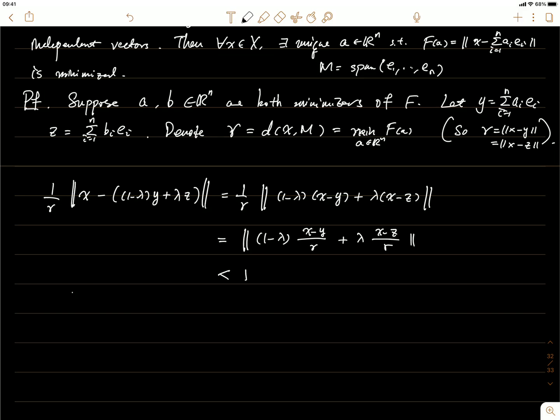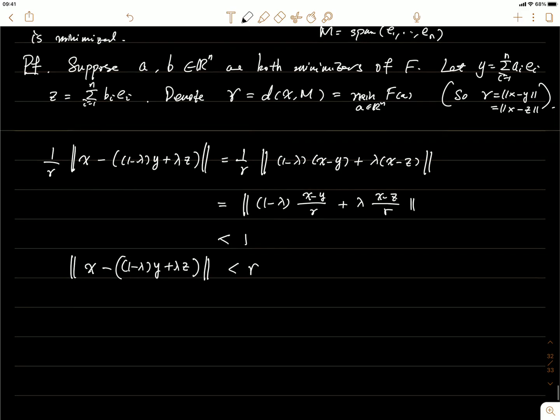So this being less than 1 means that with lambda, I can multiply r on both sides and I get this. From here I get a contradiction, because both y and z are from the space M, so the combination of them will still be in M. So I found a point which has distance to x less than r, but r was supposed to be the distance between x and M. That's the smallest value I can get if I put some point belonging to M. That's where the contradiction is.